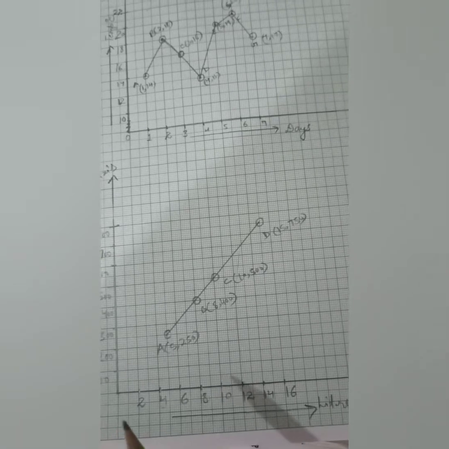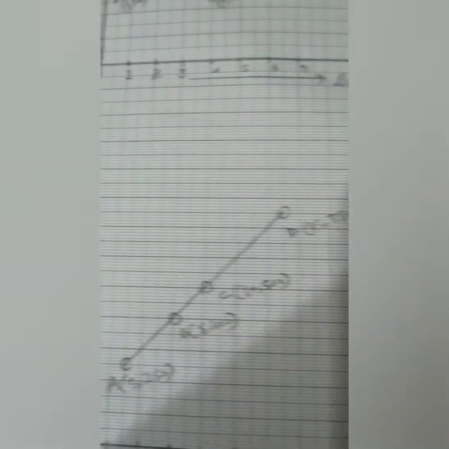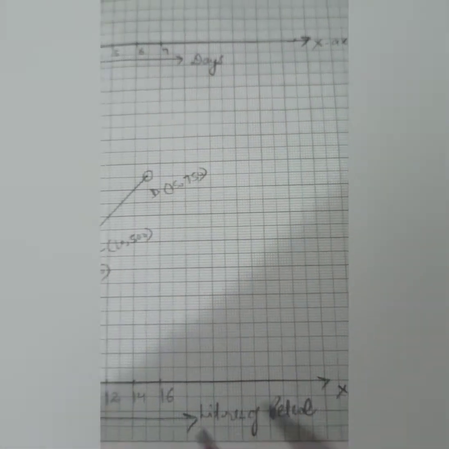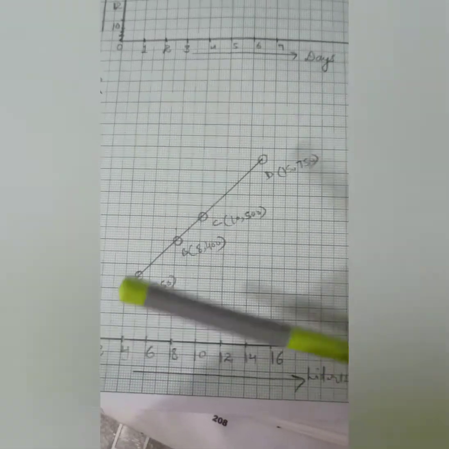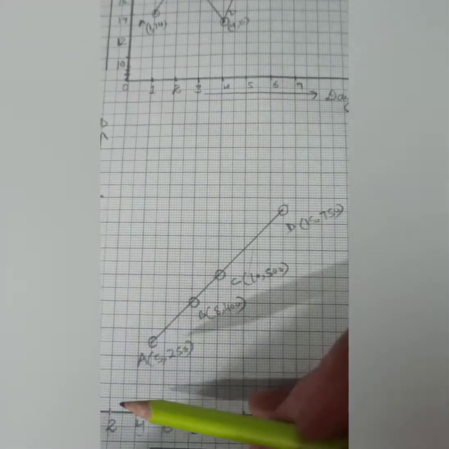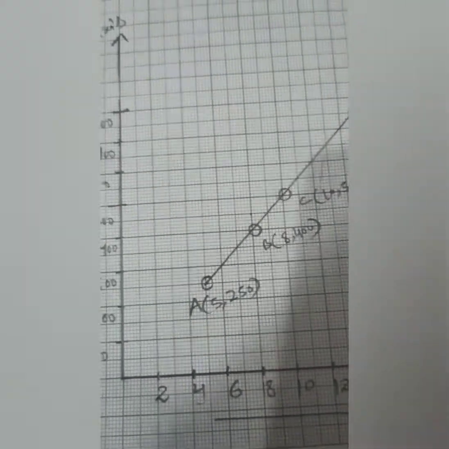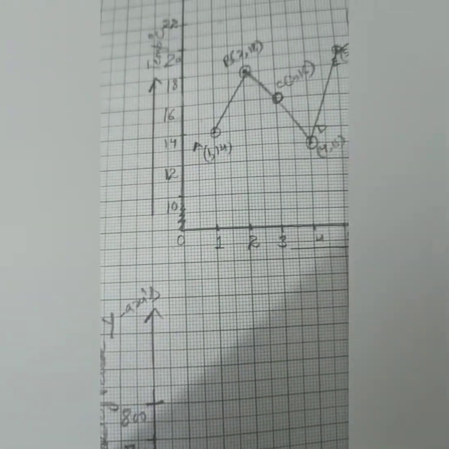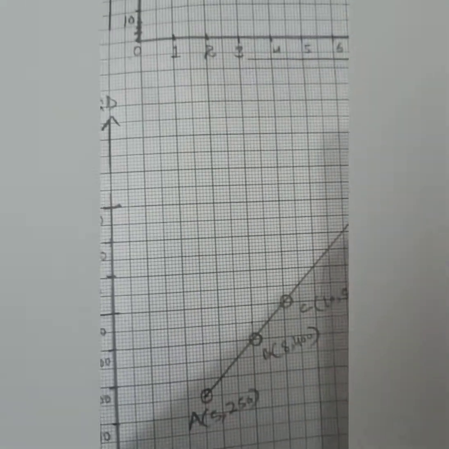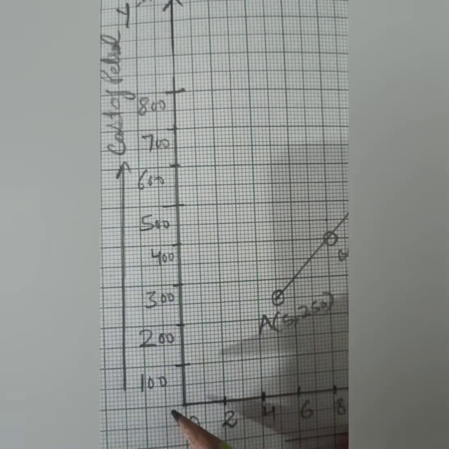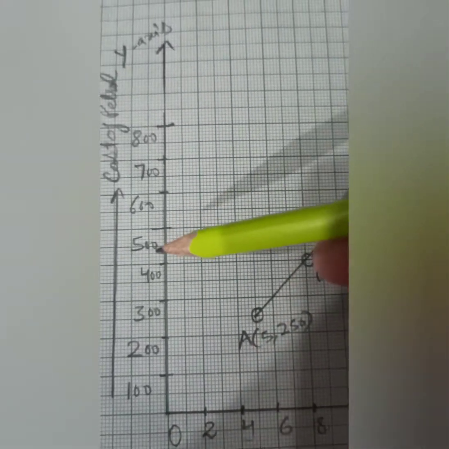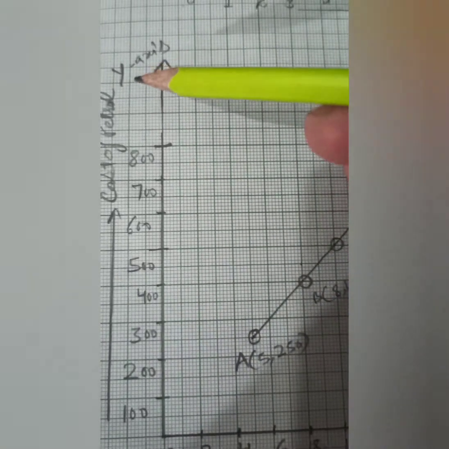Once again, here is your origin, and take the x-axis as the horizontal line. This is my x-axis and this is your y-axis, the vertical line. We can say it as the vertical line, right? This is the origin, and the vertical line is called the y-axis.